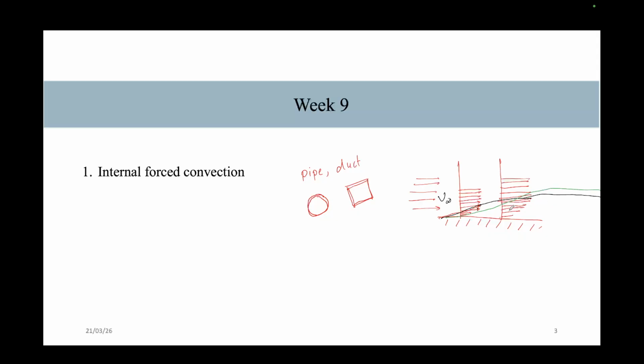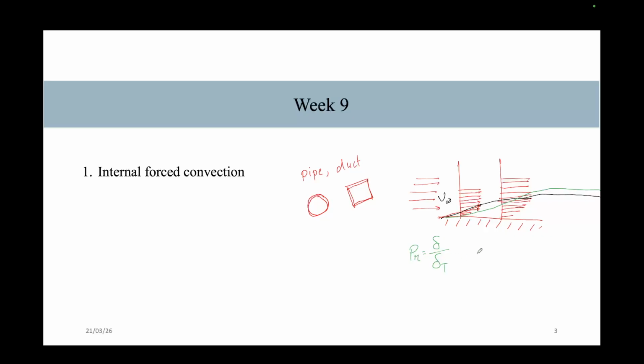So this is almost a similar type of curve, but you can't know which layer's thickness is more or which layer is less. So that's why there is a number, the Prandtl number, which we have studied, which is the hydraulic boundary layer thickness by the thermal boundary layer thickness.